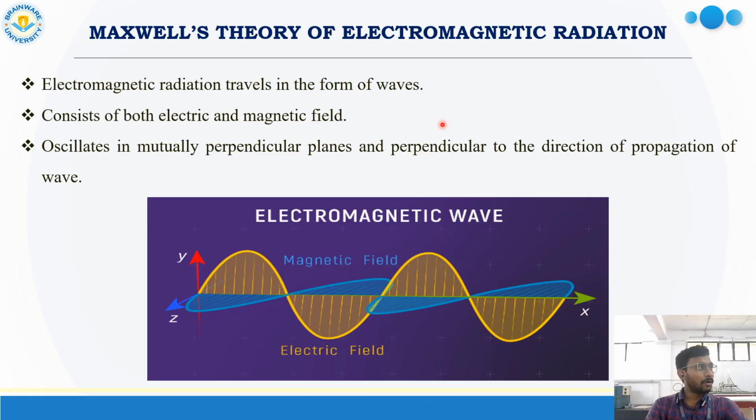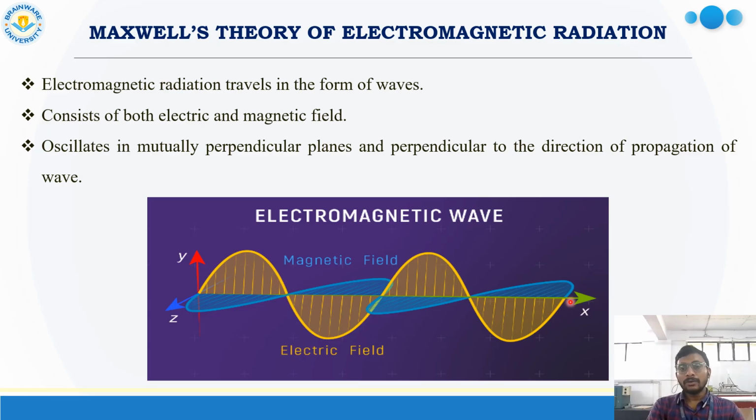Light is a form of electromagnetic radiation, and it travels in the form of a wave. It has two different fields: one is the electric field, yellow in this case, and the other is the magnetic field, blue.